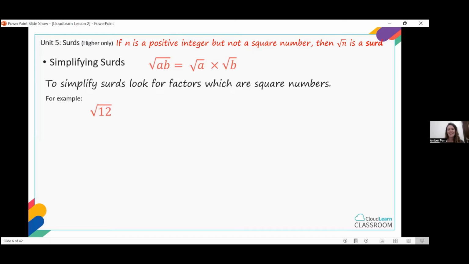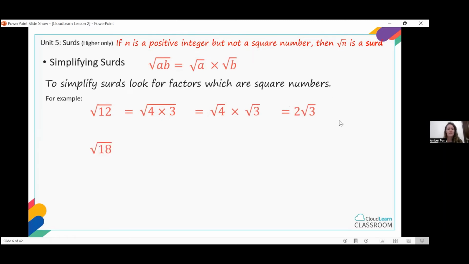And hopefully you thought about the number 4. 4 is a square number. So 12 can be written as the square root of 4 times 3, which can then be broken up into the square root of 4 multiplied by the square root of 3. And then that can be written as 2 root 3. So to simplify root 12, we would write it as 2 root 3.